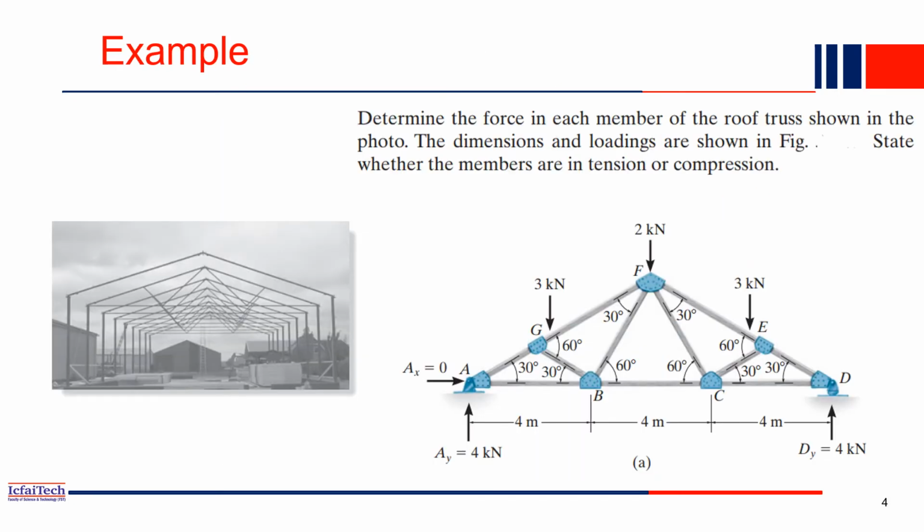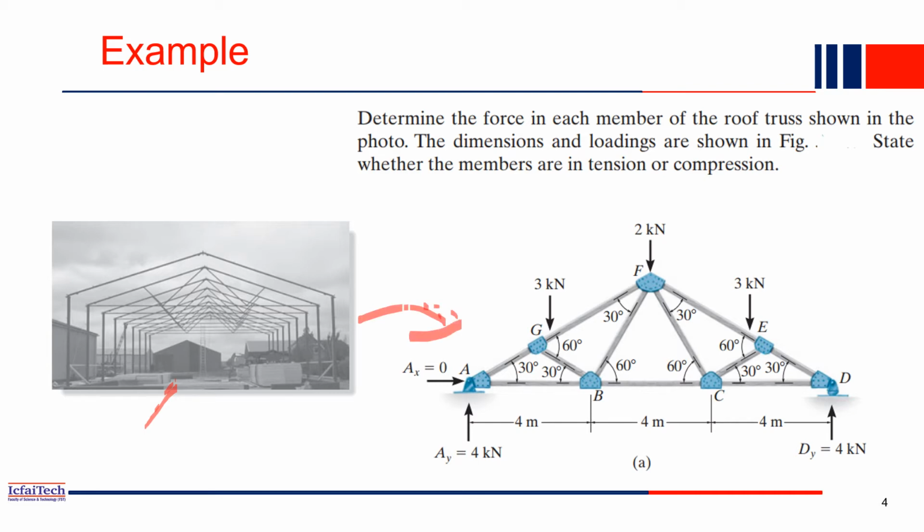So let's solve a quick example to see exactly how the process works. This is an industrial building truss. If you see on the left side, this one is an industrial building truss, and we have made an analytical model. This one is the figure.